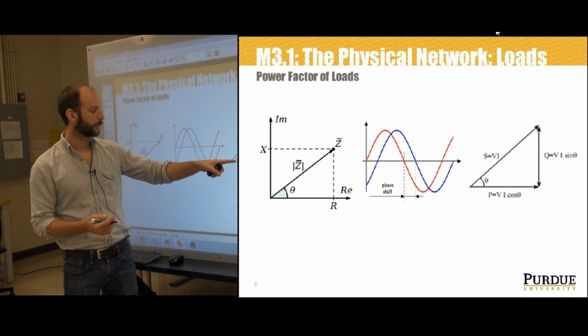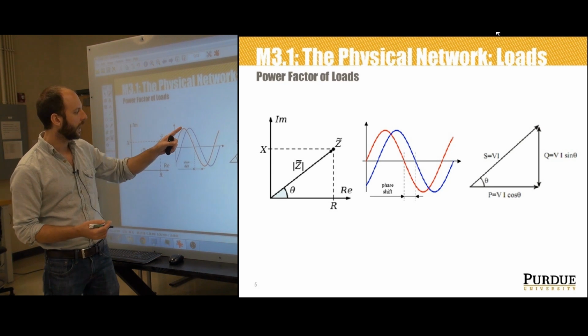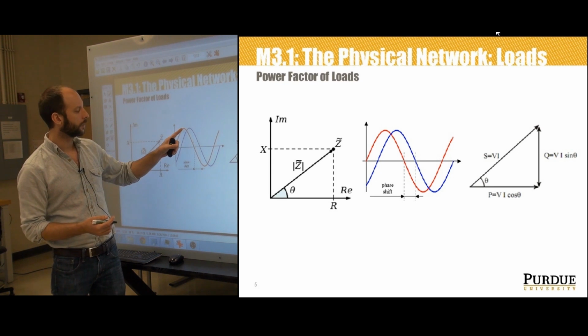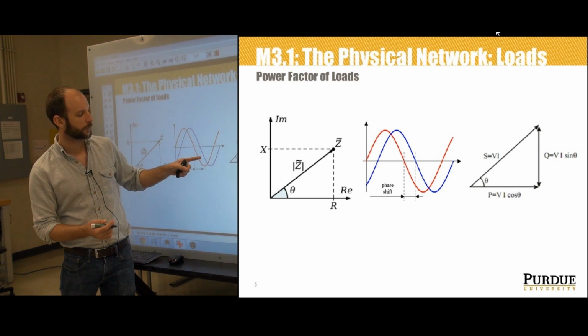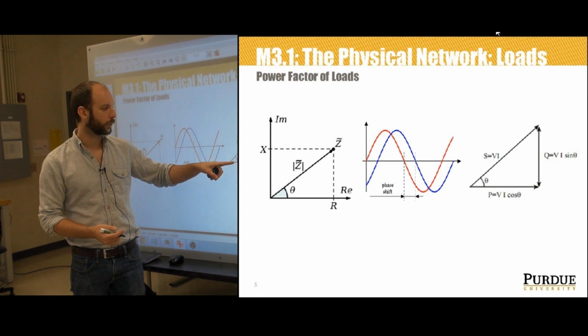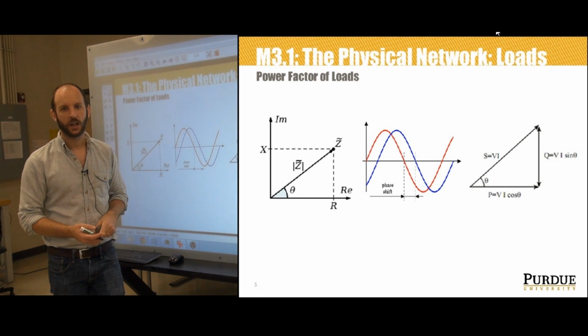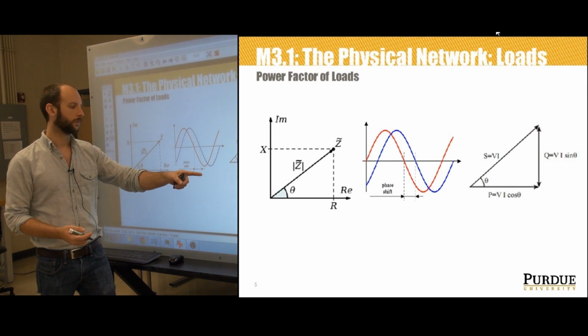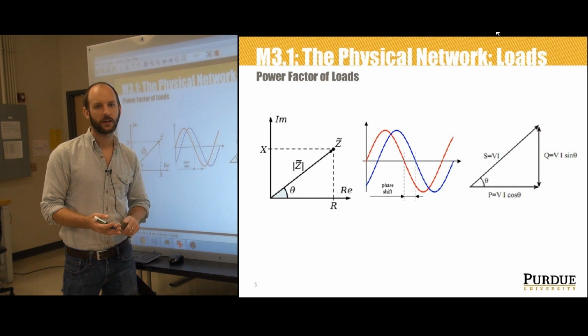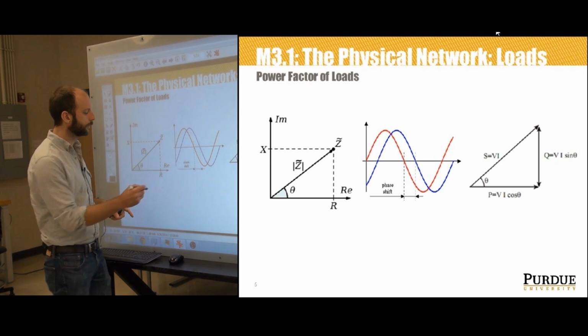And that same angle that is represented here in the complex impedance plane and here in the voltage and current as a function of time graph also shows up in the power triangle between real and apparent power, right? In all of these cases, theta is the same.